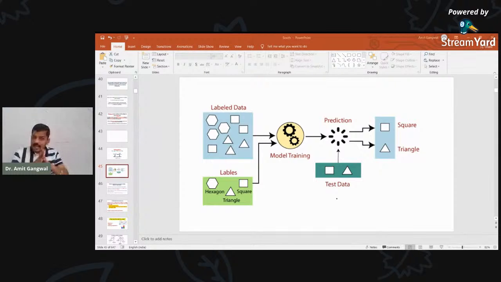What do you mean by underfitting? Underfitting means you have not shown sufficient types of structures or shapes of different sizes, different colors to the machine learning model. For example, if you are showing all red squares to the machine learning model during training and testing, and during deployment, if you are using a green square, it may not give a proper result.